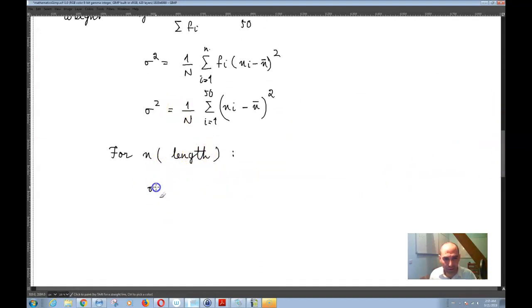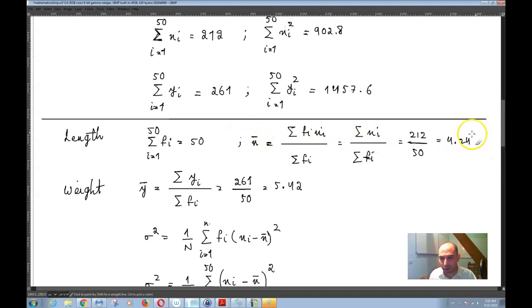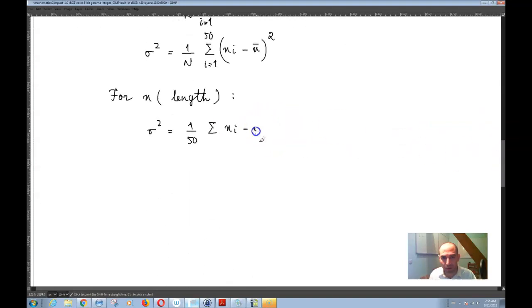So sigma squared is equal to 1 over 50 times sigma of x of i minus x bar. In the case of x bar, we had 4.24, and I want to square this, as i goes from 1 to 50.